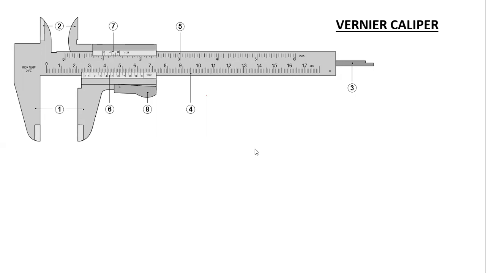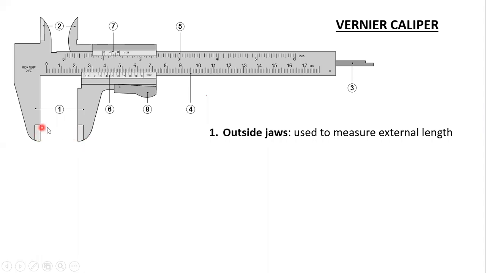Now we will see what all things are specified on a vernier scale. First labeled is your outside jaws. You need to place the object within them. Suppose I have a sphere and I need to measure its diameter, I will place that sphere within this.